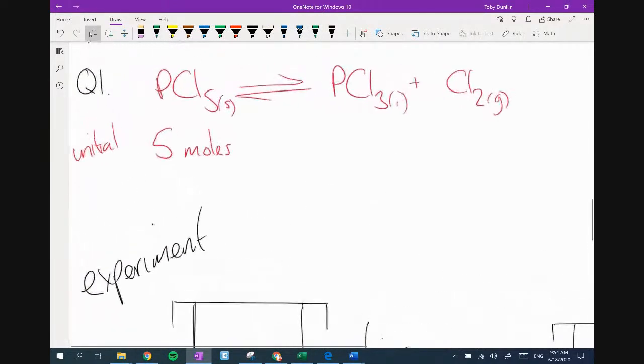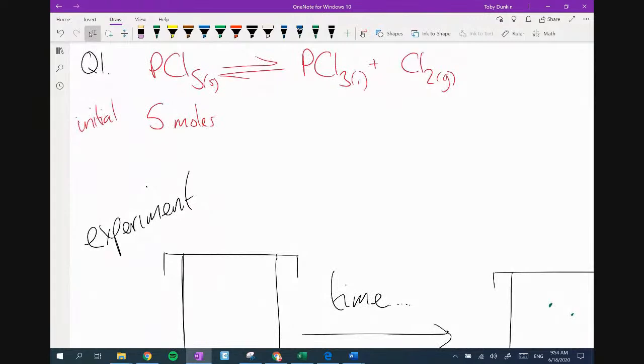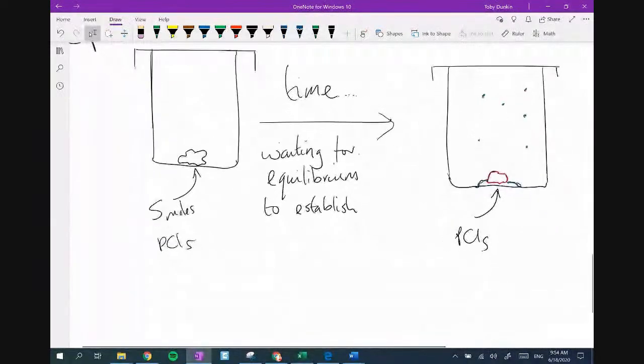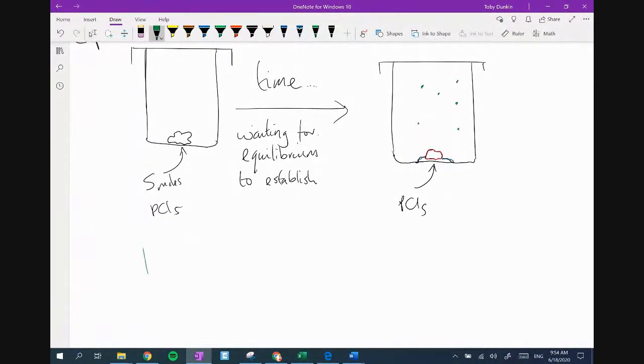This is always the process. You have initial setup, initial brackets, starting moles, and then what you have is final. I don't really like the word final. I prefer equilibrium moles.